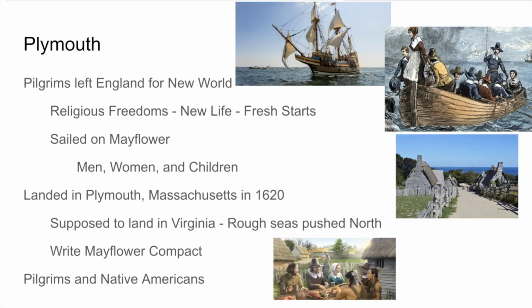And so they met Samoset, who spoke English and introduced himself and was able to start the conversations. They met Tisquantum, who also had more English, and so they were able to get that trade going. And as the colony grew, like I said, it was tense, but it wasn't bad tense, and it wasn't, oh my goodness, this should not take place.